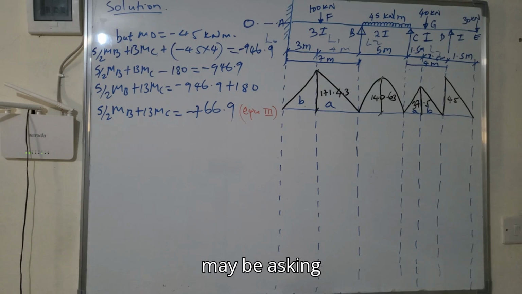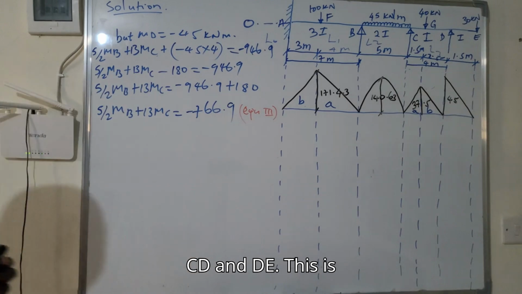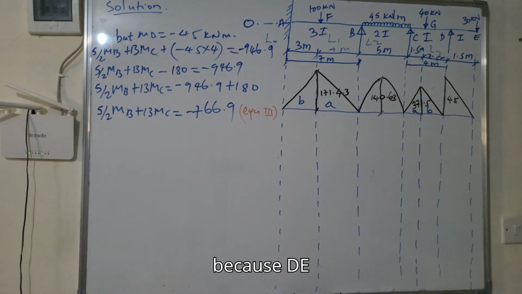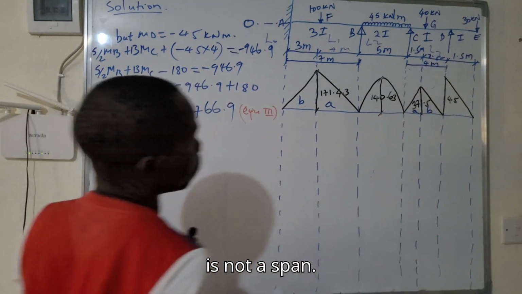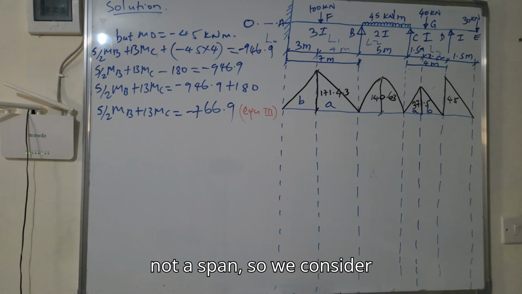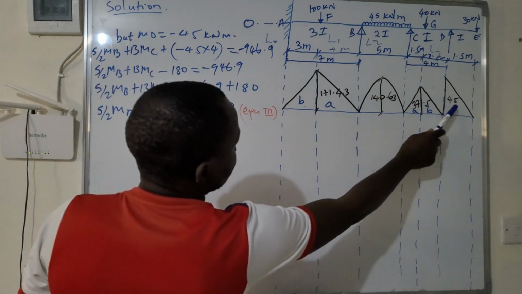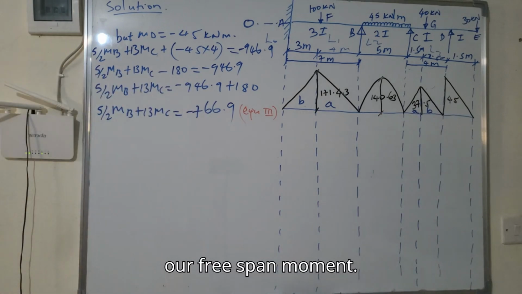Someone may be asking, why did we not continue with span CD and DE? This is because DE is not a span. We consider it as a span only when calculating our free span moment.